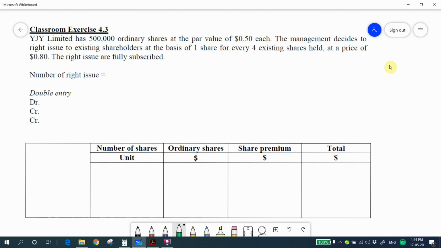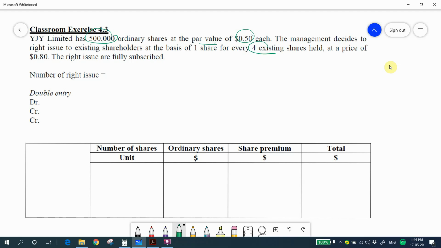So let me give you some introduction to this question. It says that YJ1 currently has 500,000 ordinary shares and the par value is 50 cents each. Management offers rights issues to their existing shareholders.